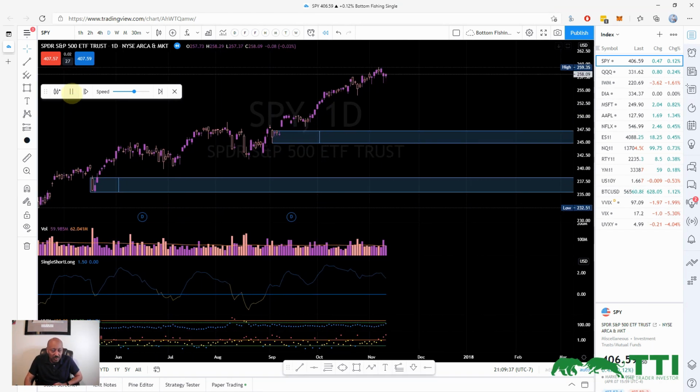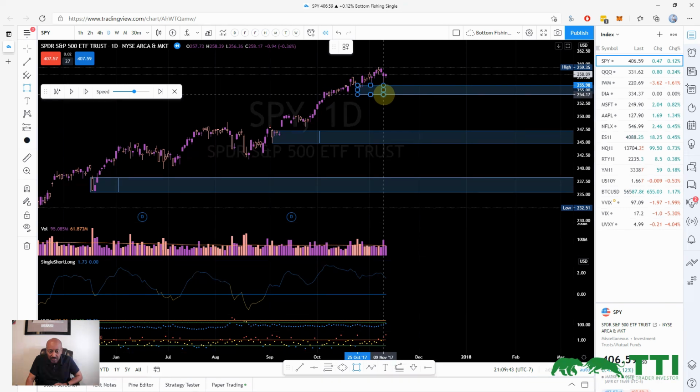Okay, I can pause here, and here I see an order block here because price made new highs. So this is another order block, almost got mitigated but not quite.